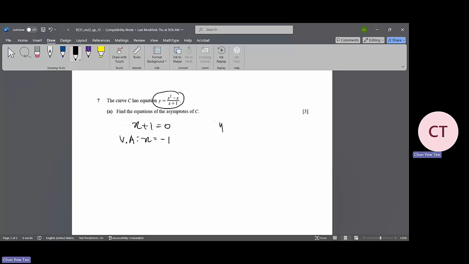So to find the horizontal asymptote, we just need to put the limit of x approaching infinity of x squared minus x over x plus 1. Over here, this one is an improper fraction, so we cannot find this one yet. We need to use long division. Or if you do not want to use long division, you can do it like this. Minus the 2x.